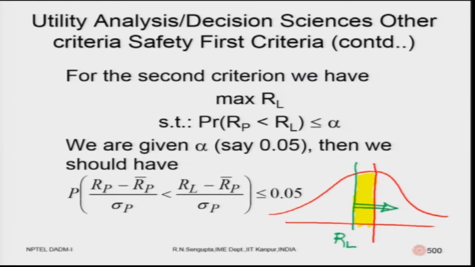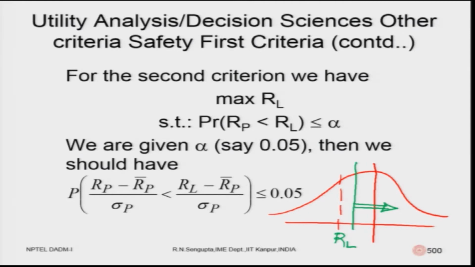So, if R_L is moving, it pulls along the green line, sorry, my mistake, I should erase this. So, consider R_P, which is on the left hand side. I am trying to maximize R_P such that the area probability is reduced.